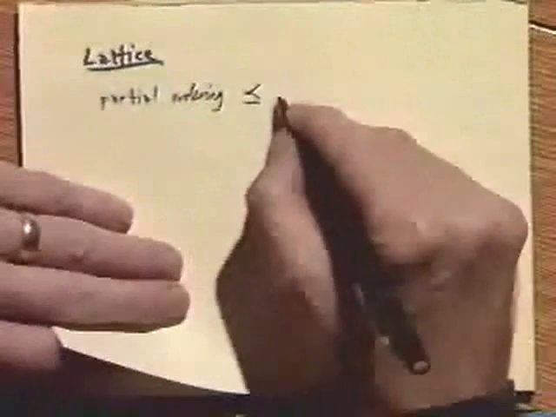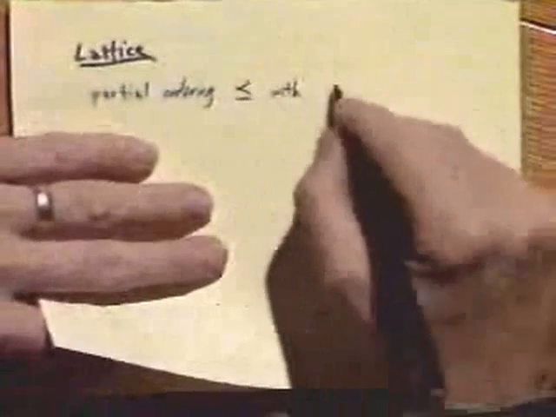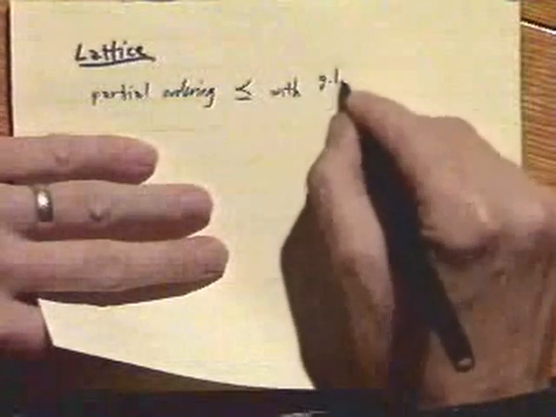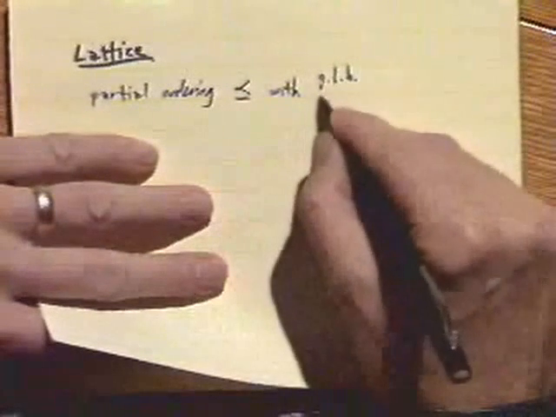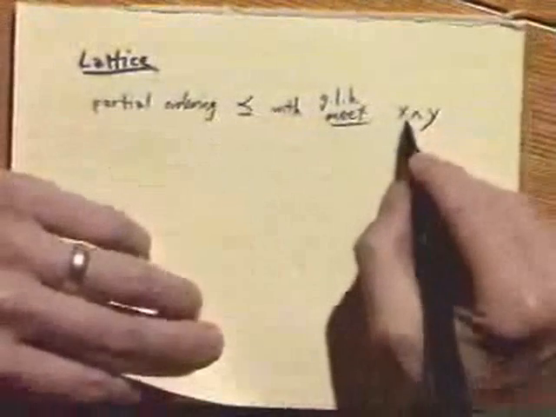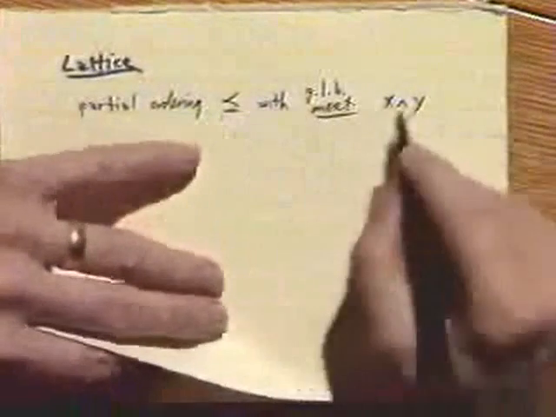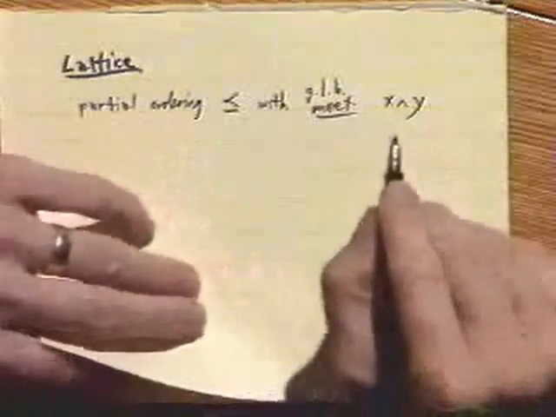But then it also has greatest lower bounds between any two objects. And these are called the meet of the objects. It's often written x with a little wedge y, and this means that this is the largest thing that precedes x and precedes y both.